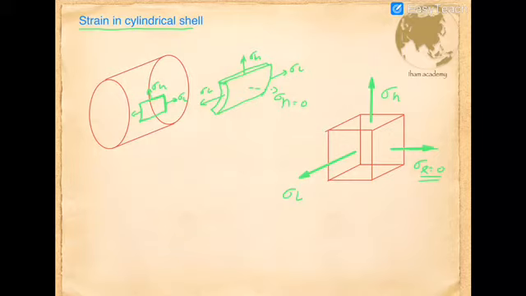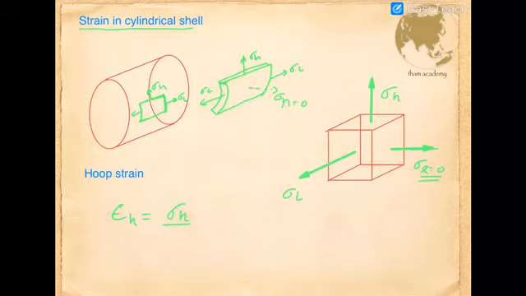Now we will consider first the major principal strain, that is the strain produced because of the major principal stress, that is hoop strain. So hoop strain is the strain produced along the direction in which hoop stress is acting. So in that direction we can say epsilon h is going to be, there's a direct stress acting, the hoop stress, sigma h divided by E, the Young's modulus, as the strain corresponding to sigma h.